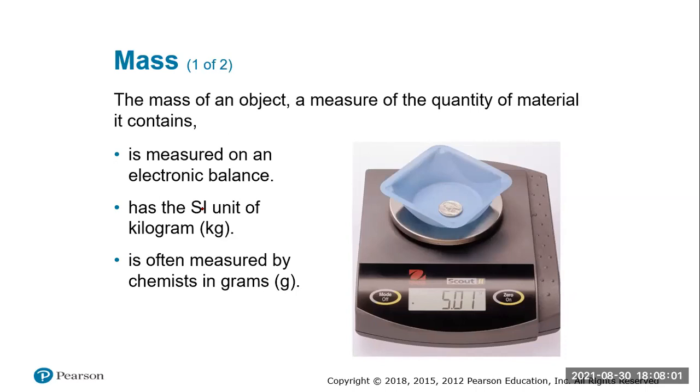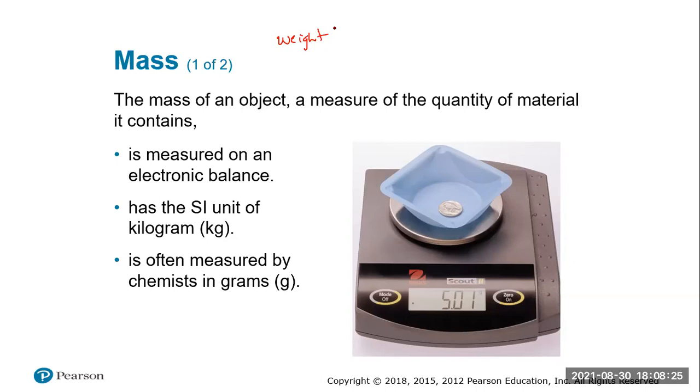Now, the mass of an object is really the measure of the quantity of material that it contains. There is a difference between a couple of words that people sometimes use, which is mass and weight. And weight basically takes into account the force of gravity, but mass does not.